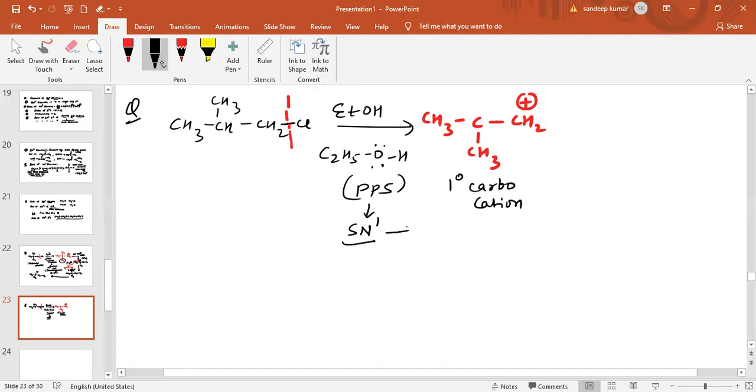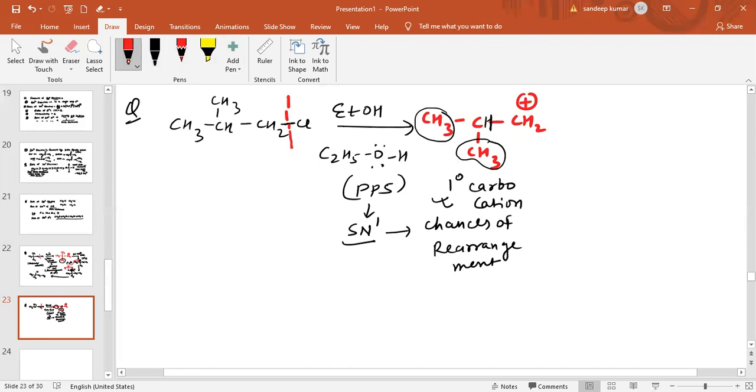And in SN1 there are chances of rearrangement. So this carbocation can rearrange from 1 degree to a more stable carbocation if possible. On the nearest carbon there are two CH3 groups and also a hydrogen.